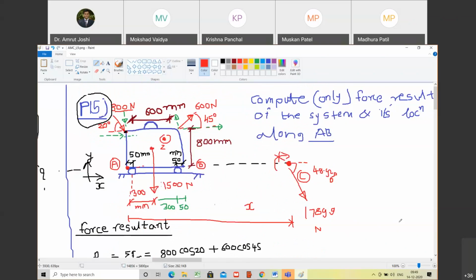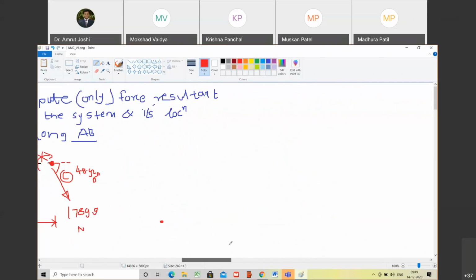देखो, आपके कन्वीनियंस के लिए let me draw the figure here separately. This is point C. Sir, positive. हाँ, पॉजिटिव. Correct. Are you with me? Yes, sir. This is the vertical component of 800. So इसका मोमेंट इस पॉइंट के about कैसे रहने वाला है? Anticlockwise. Yes, sir.